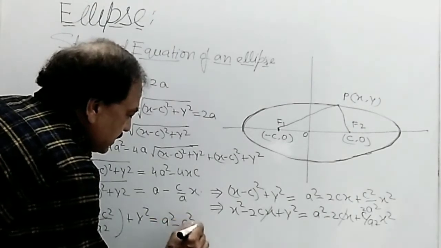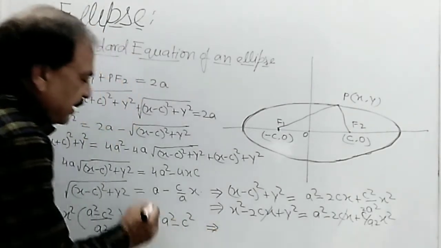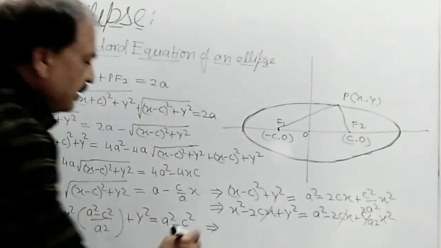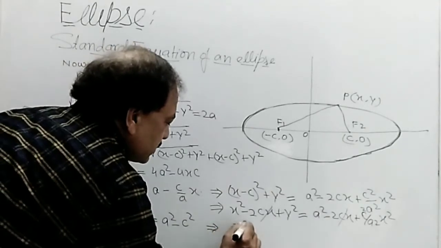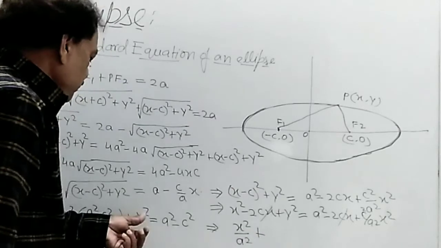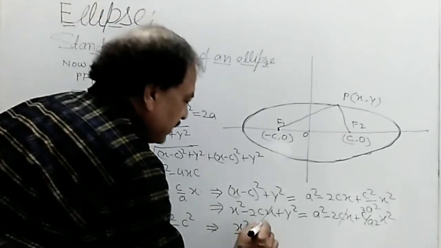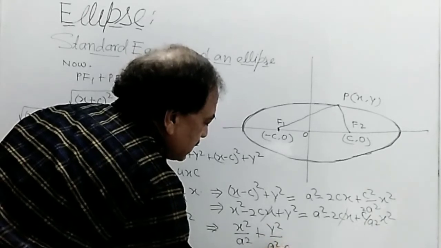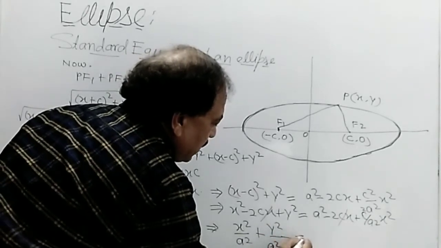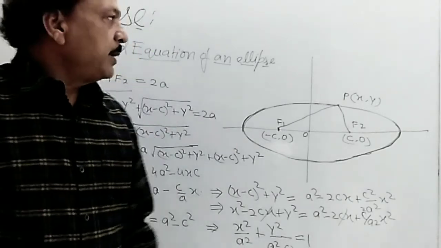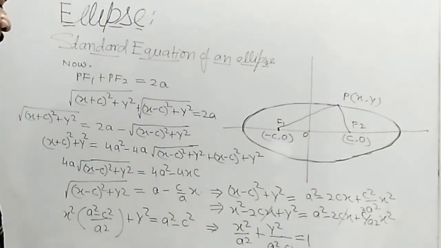माइनस सी स्क्वायर। अब ए स्क्वायर माइनस सी स्क्वायर से डिवाइड करते हैं तो नाउ यू गेट एक्स स्क्वायर अपॉन ए स्क्वायर प्लस वाई स्क्वायर अपॉन ए स्क्वायर माइनस सी स्क्वायर इक्वल टू 1. अब a square minus c square, that will be b square.